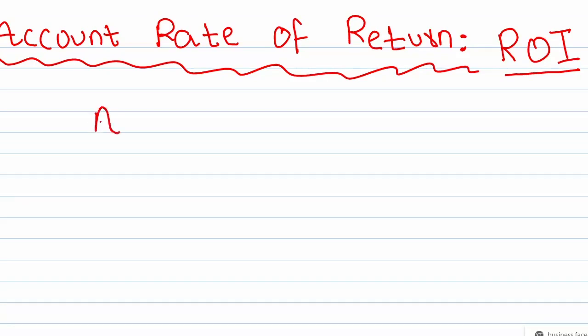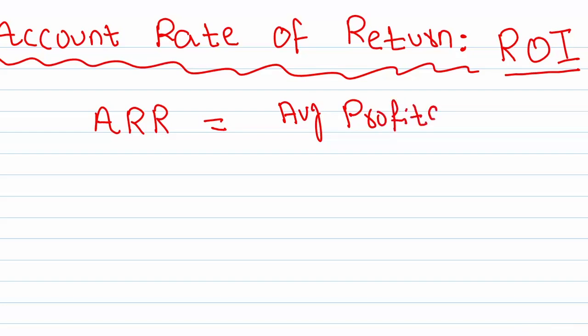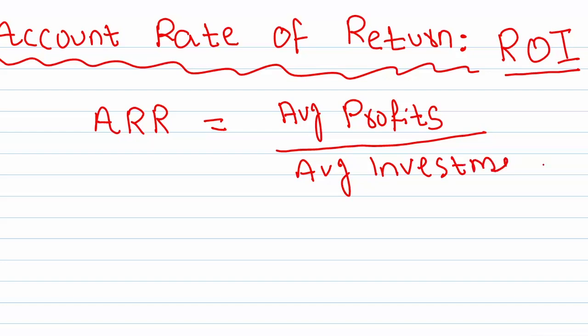And the formula which we use in this method, accounting rate of return or ROI, is equal to average profits divided by average investment into 100, and we get the answer in terms of percentage.